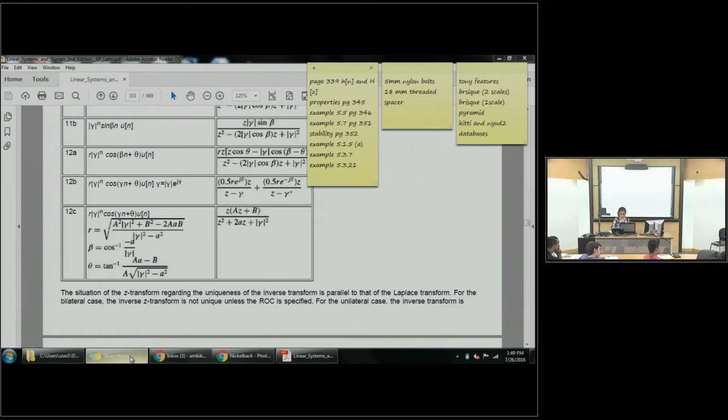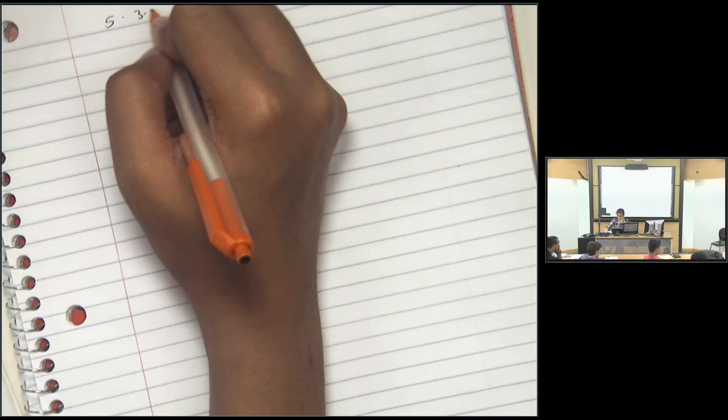Another last quick example, I believe, is 5.3.21. Okay, so it's asking you to find the zero state response with the transfer function.